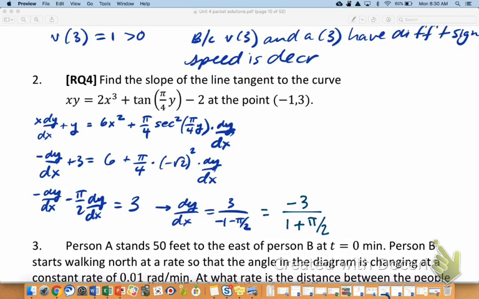So that would be just as good. And there could have been a variety of answers too. I mean, I suppose you could have written negative 6 over 2 plus pi, or 6 over negative 2 minus pi. All those would be same thing. So up to you. We're all good.